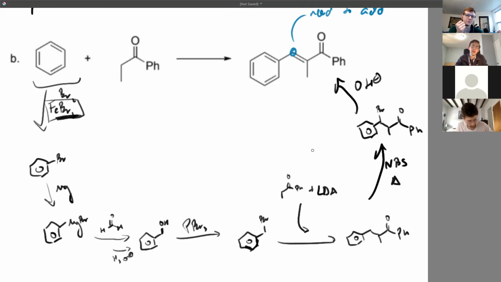More pedantic stuff, but the LDA needs to come first in a sequence, right? The step with the LDA needs to come as the first step.